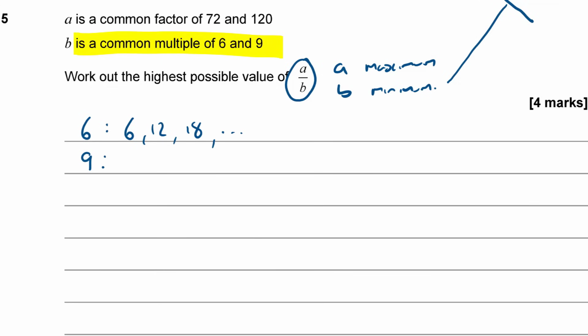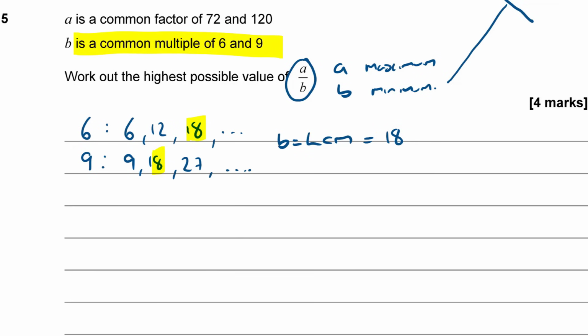And 9 is 9, 18, 27, and so on. So you can see we found our lowest common multiple already. 18 is there, 18 is there. So our LCM of those two numbers is 18. So that's going to be my value of B.